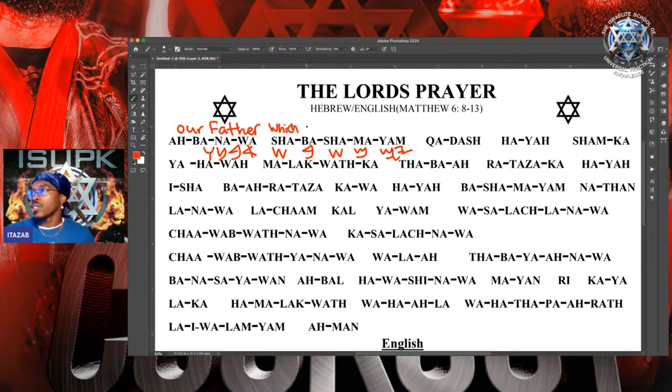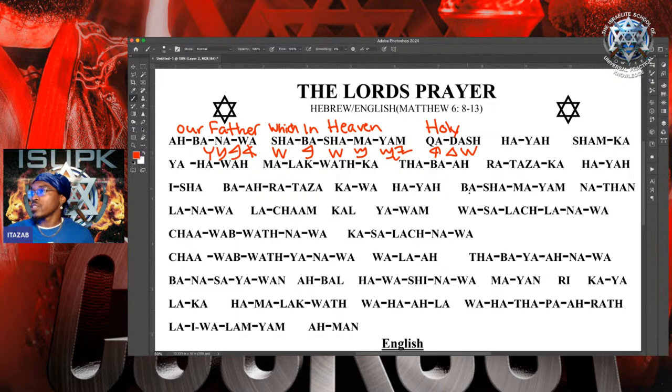All right, Sha Ba Shemayim. Sha means which or pertaining to. Ba is in. Shemayim is heaven. Okay, which in heaven. So our Father which in heaven. Shaba Shamayim. All right, Qadash is holy. How do we know? Because this is the Lashawan Qadash class. I'm gonna just write it this way.